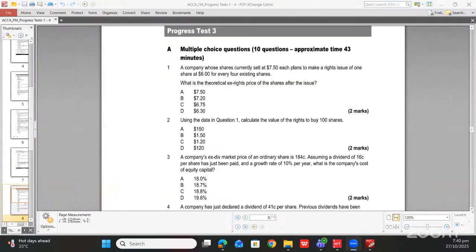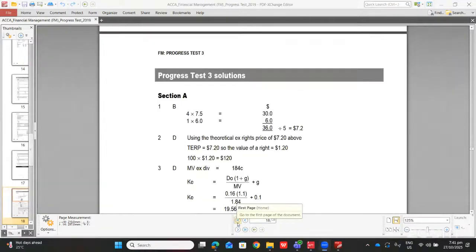All right, so let's look at these three so far. Question one says, what is the theoretical ex-rights price? In other words, what is the new market value? They said it's a 4-for-1 rights issue. That means 4 shares are currently worth $7.50, and if you own 4, you can get 1 for $6. What would be the average value of all 5 shares now?